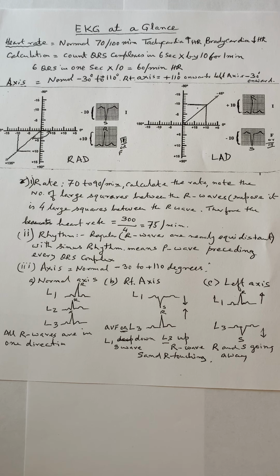Now in this lecture, I want to tell a few things before I start the actual description. EKG learning is actually training your eyes to see variability. For that, it is essential to first know what is normal.